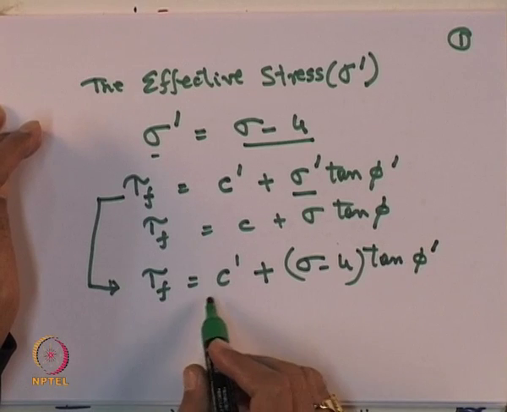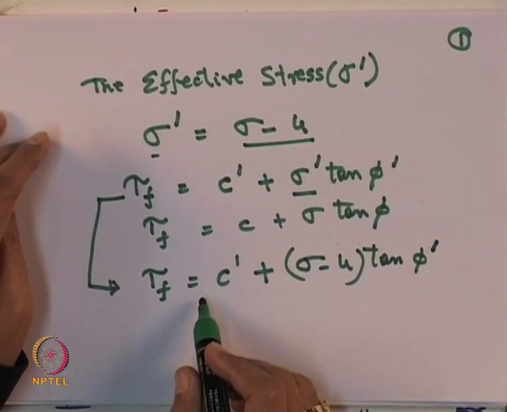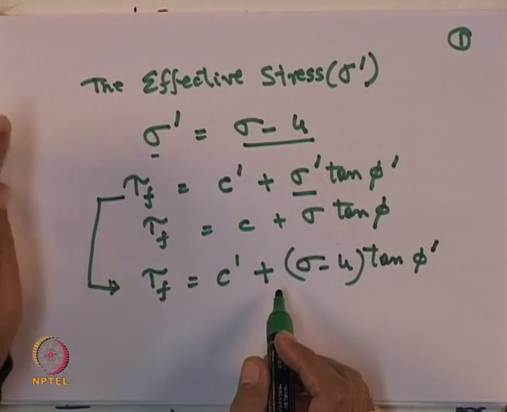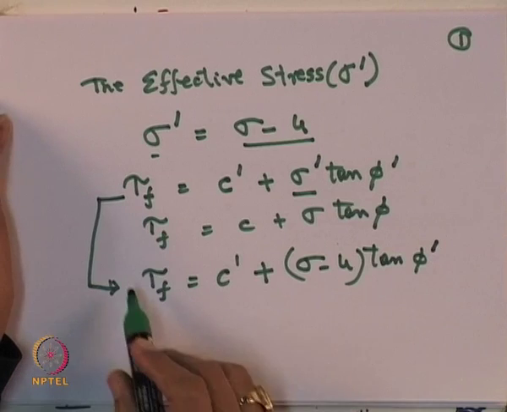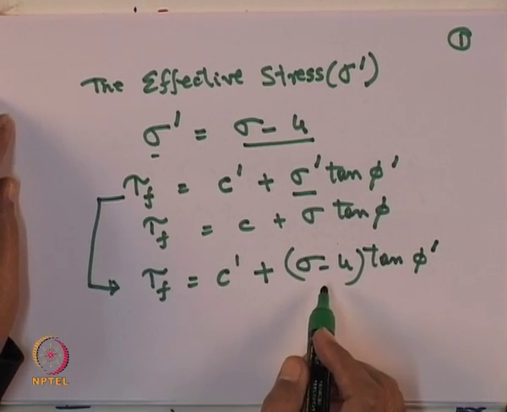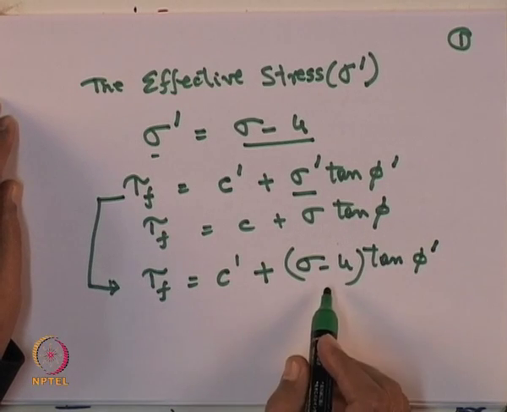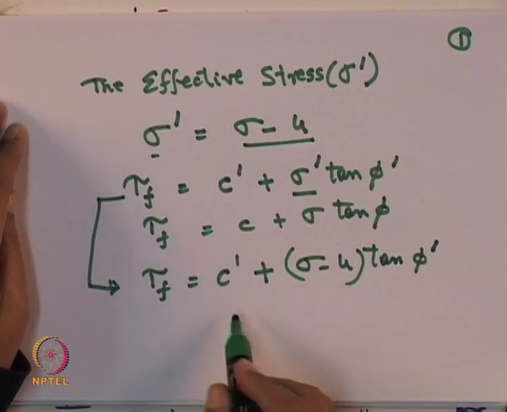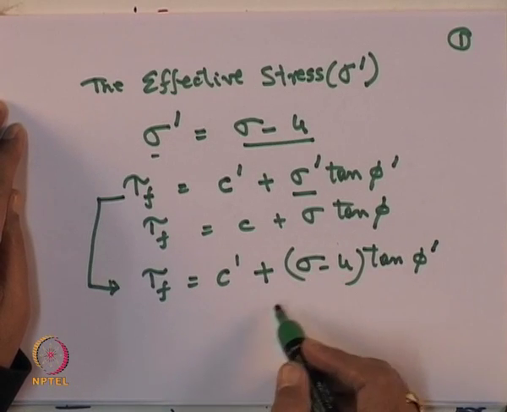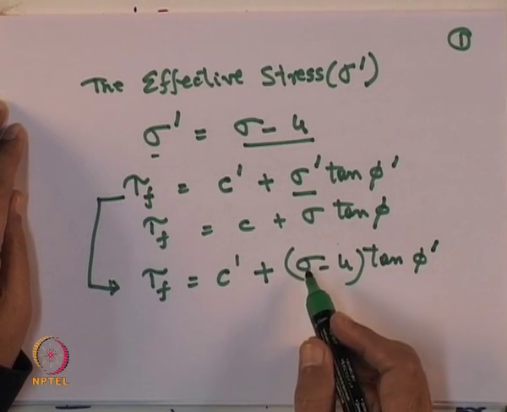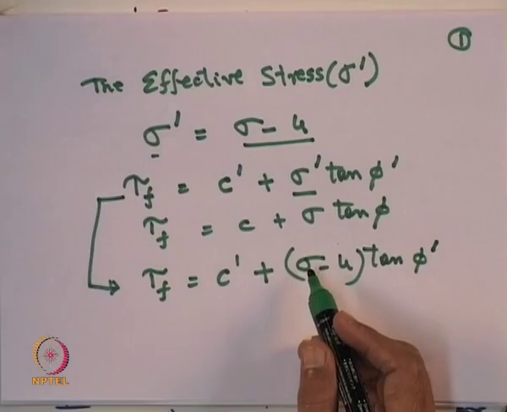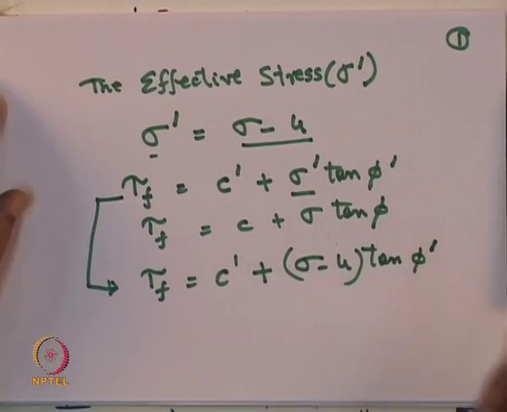Now, shear strength is not an intrinsic property of a soil, but varies over a considerable range with varying conditions. It depends on the density, on the moisture content, as well as on the degree of consolidation.